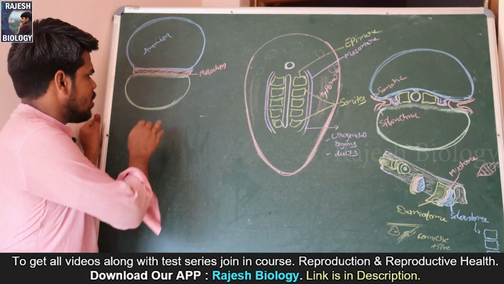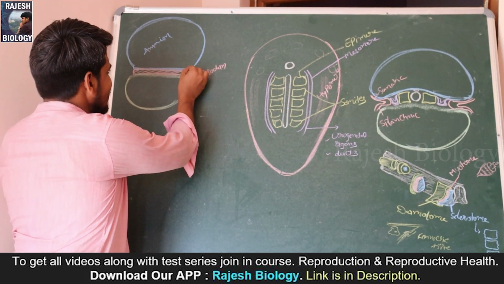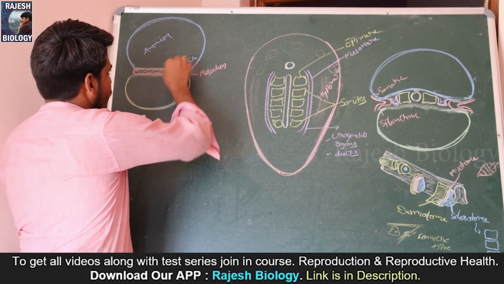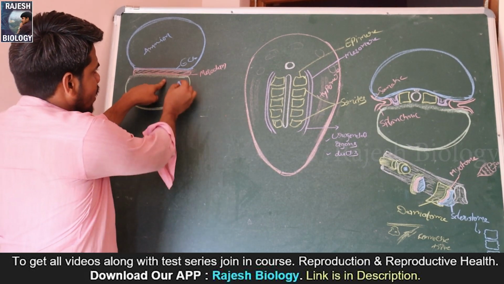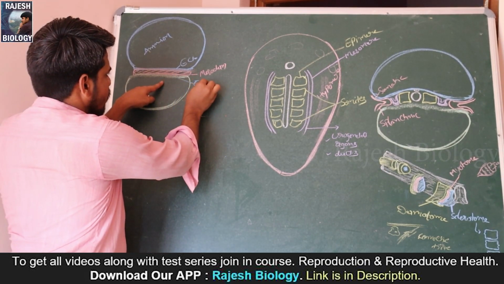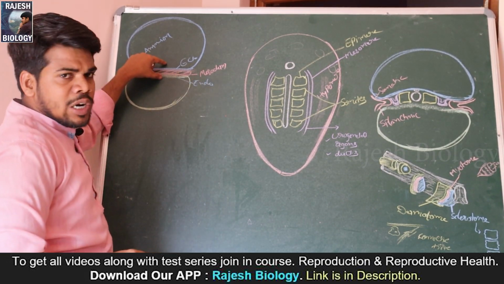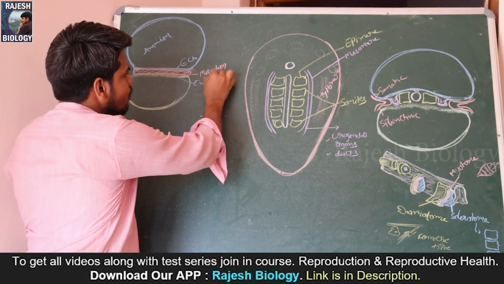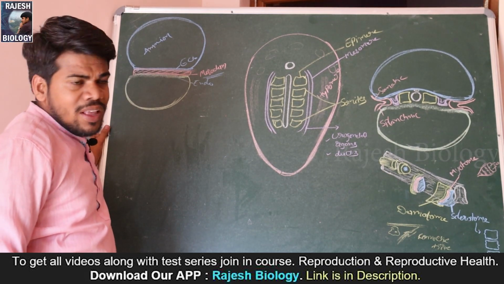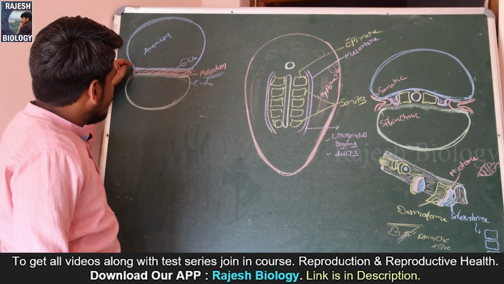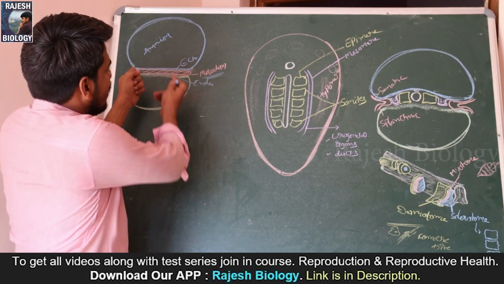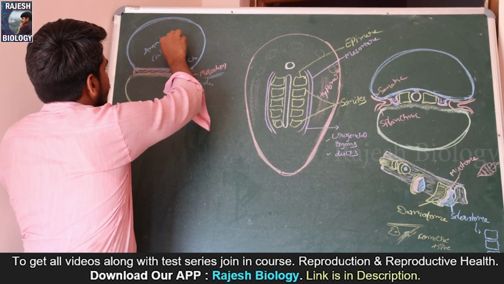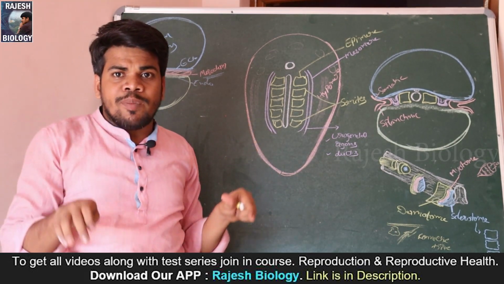First of all, if you observe this, the blue color layer is the ectoderm, and the green color layer is the endoderm. In between the ectoderm and endoderm, there is a red color layer I draw here, that is the mesoderm. From the ectoderm, one cavity develops, the amniotic cavity, in which the baby develops.